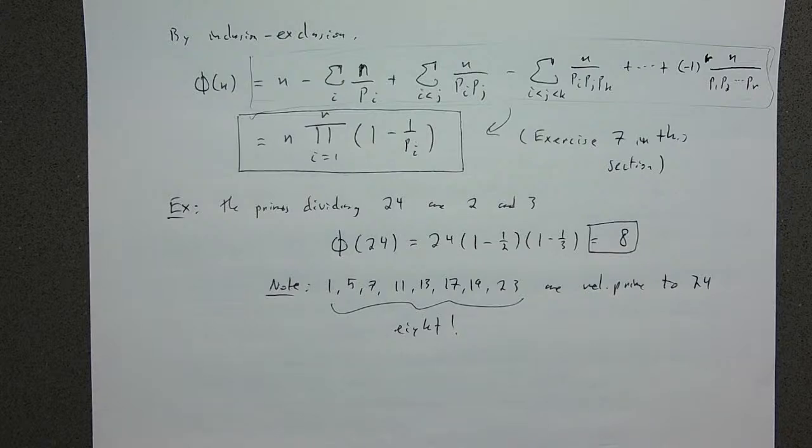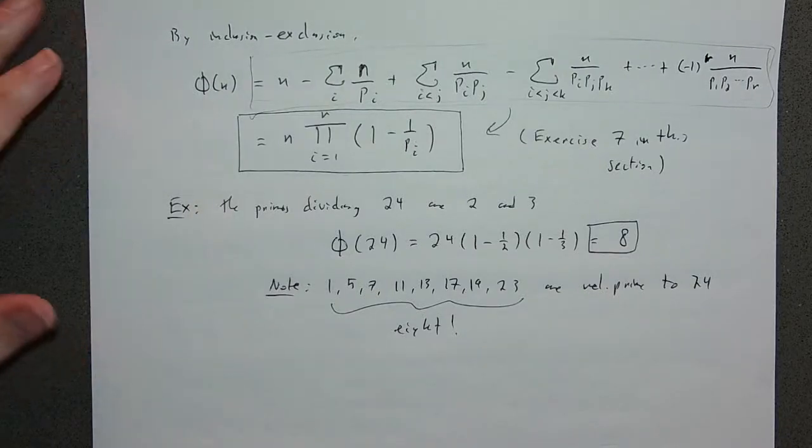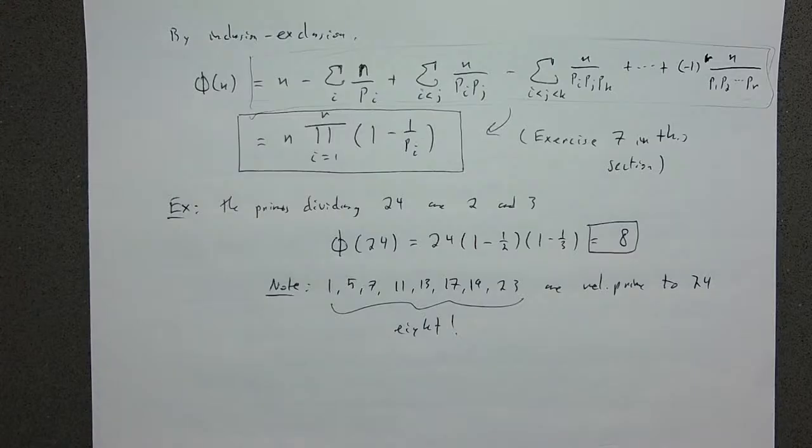You can check this with a few others. So this is saying that a form for this Euler phi function is exactly this product involving the primes that divide n. You can imagine, how would you have approached this count without inclusion-exclusion?